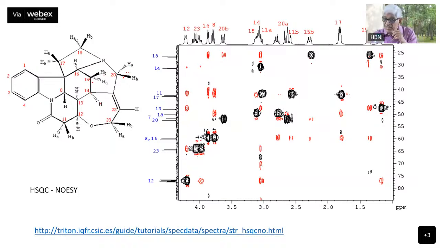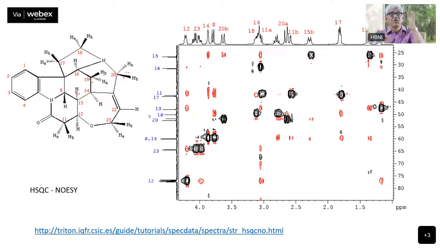Now similarly, you can see it is also showing to 13 here. Where is 13? 15 to 13. This one. This one is close to these two protons. So therefore, you are seeing a peak to 13. So you have the structural information here. From the HSQC NOESY, you have identified the peaks which are close by in space.